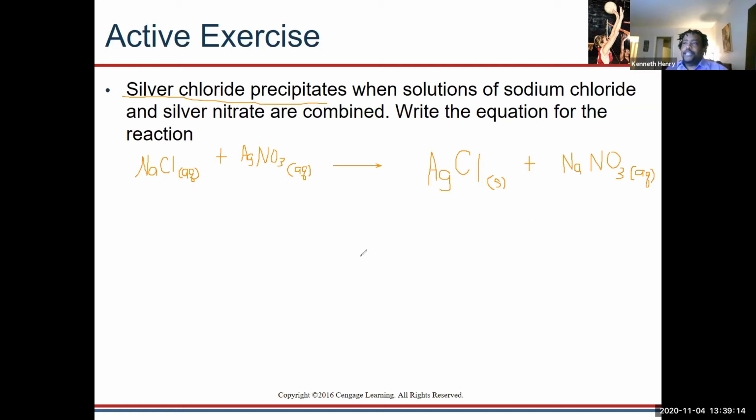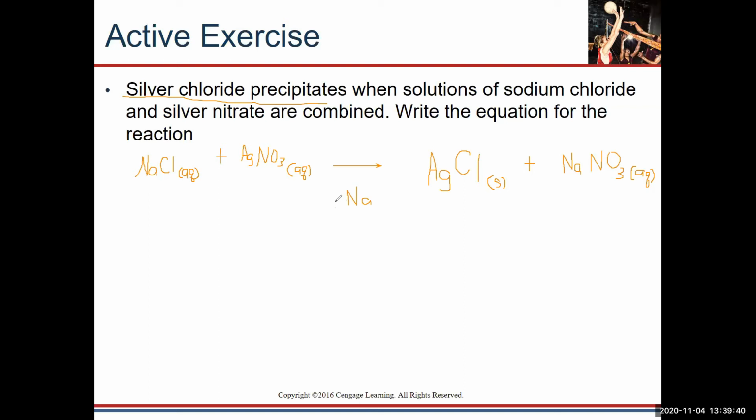What do I need to do to balance it? Let's look at this. I have sodium. On my reactant side, how many sodiums do I have? 1.